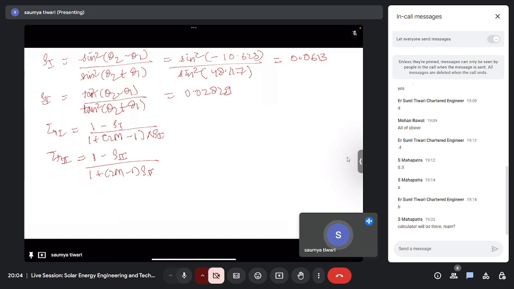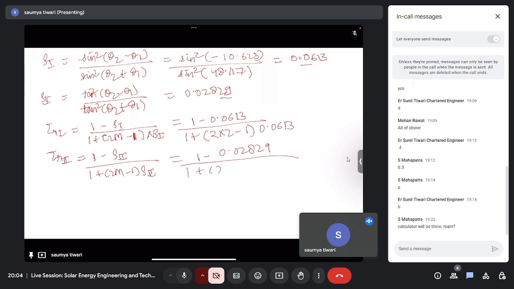You can cross check this value, whether the values are correct or matching with your answer or not. So tau r1 is 1 minus 0.0613 upon 1 plus 2 into 2 minus 1 into 0.0613, and tau r2 is 1 minus 0.02829 upon 1 plus 2 into 2 minus 1 into 0.02829.